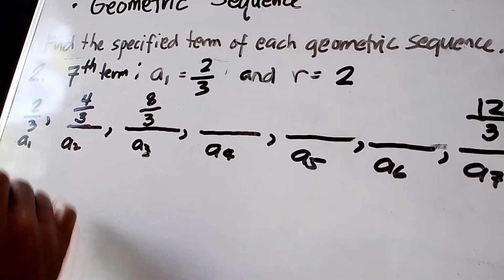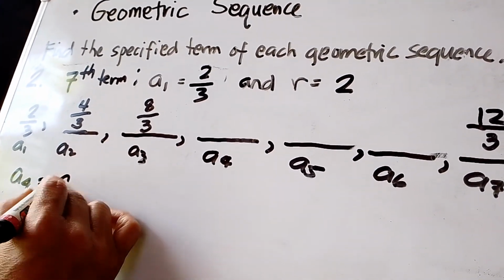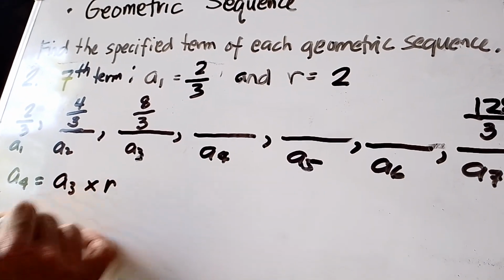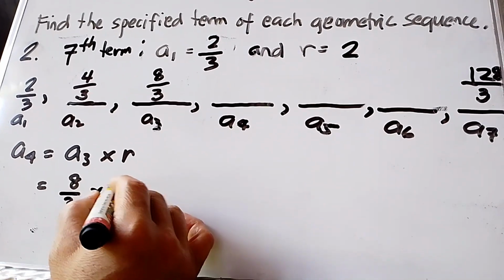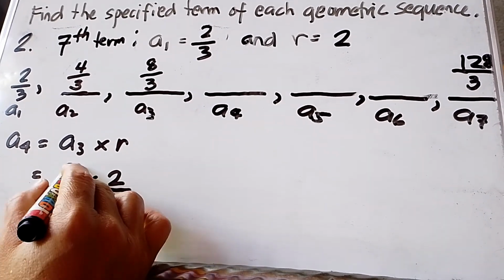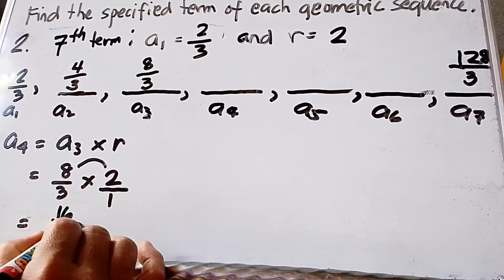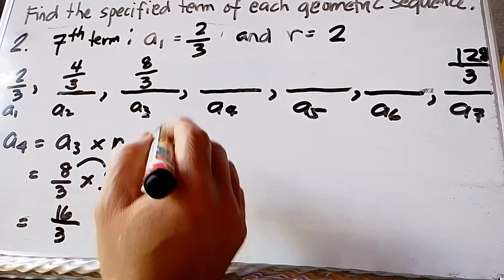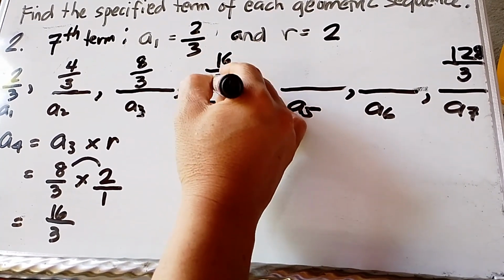Let's move to A4, solving for A4. A4 is A3 times R. A3 is 8 over 3 times 2. This will be over 1. So 8 times 2 is 16. Then 3 times 1 is 3. So this will be 16 over 3.